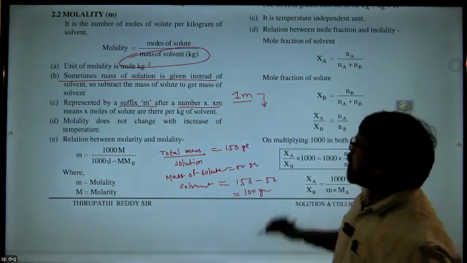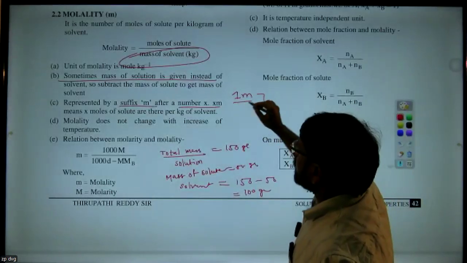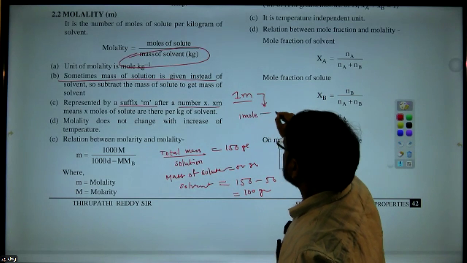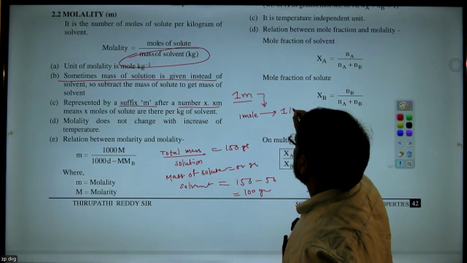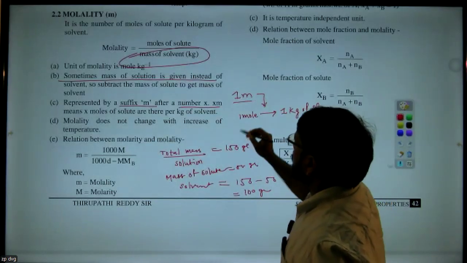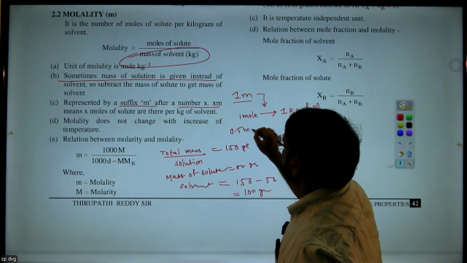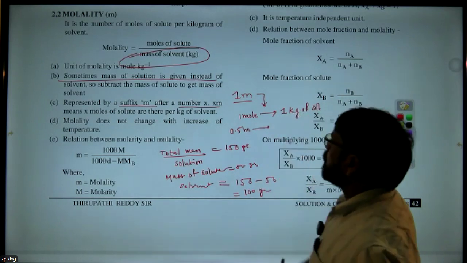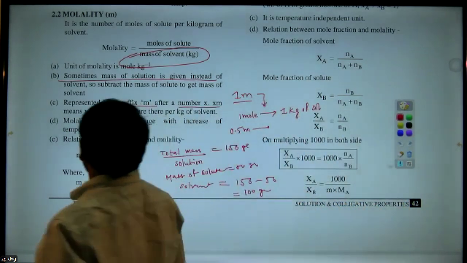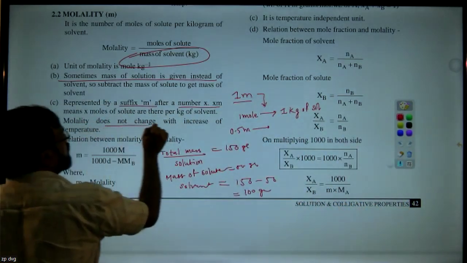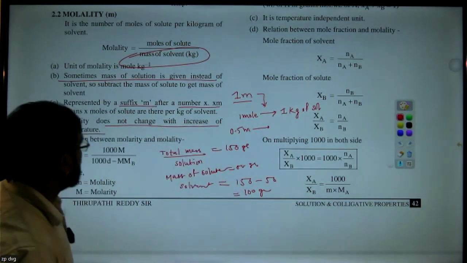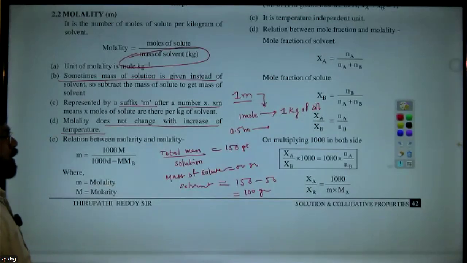It indicates 1 mole of the solute present in 1 kg of the solvent. That is the meaning of the 1 m. For example, 0.5 m they given. What it represents? 0.5 moles present in 1 kg of the solvent. Here, molality does not change with the increasing temperature. It is temperature independent. It does not depend on the temperature.